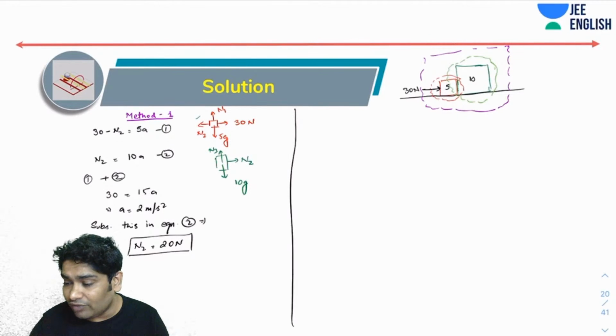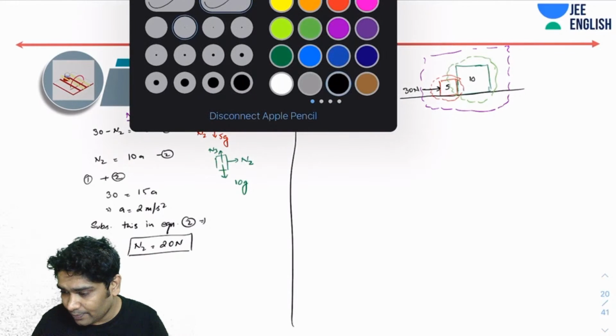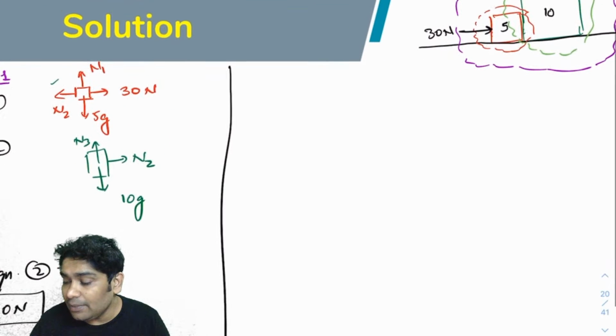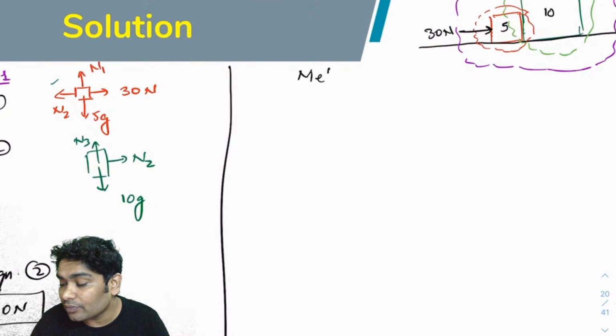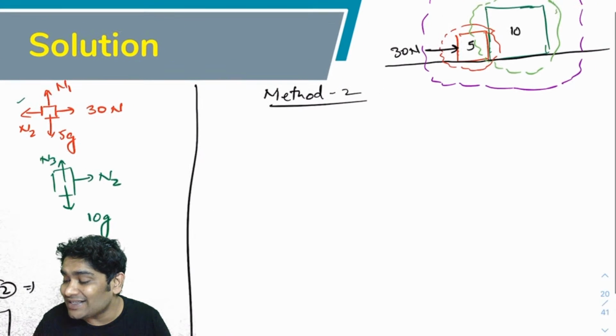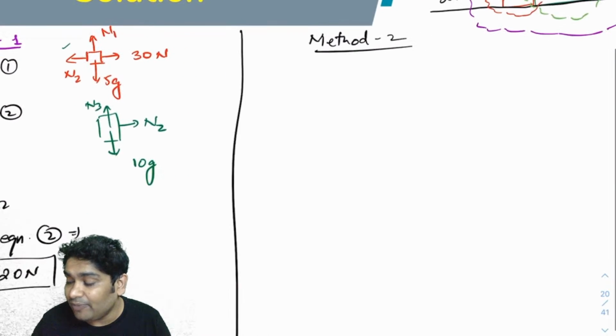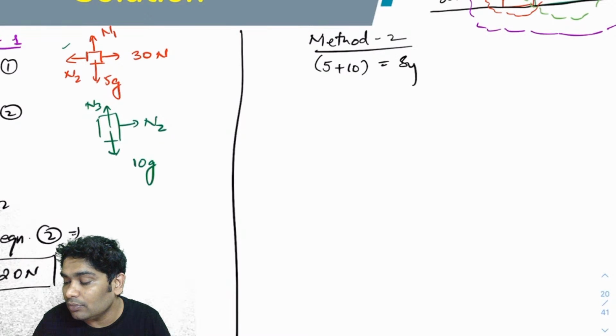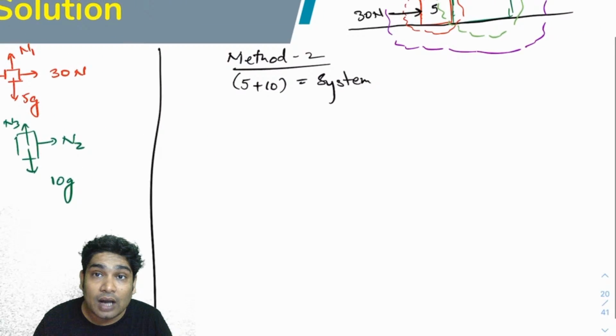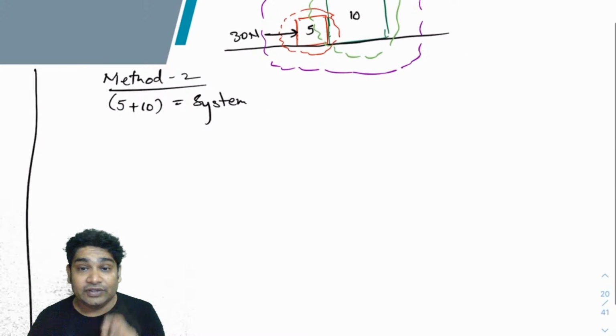Now method number two, obviously it saves you two steps. In method number two, what you do is you take 5 plus 10 as the system. Now you make an FBD of this.